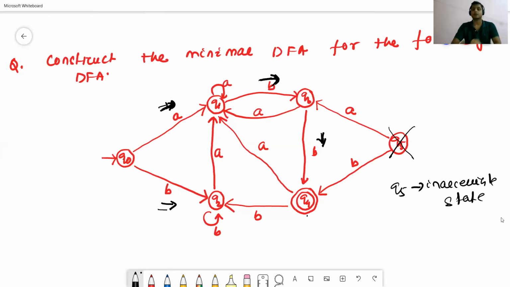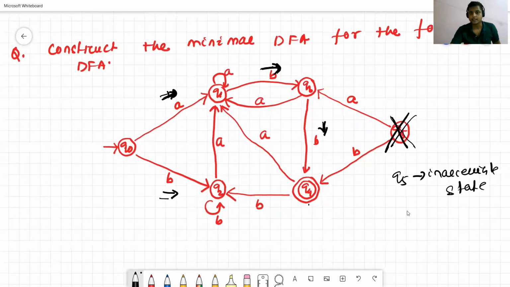But we can't reach Q5, so Q5 is the inaccessible state. So now we'll remove Q5.